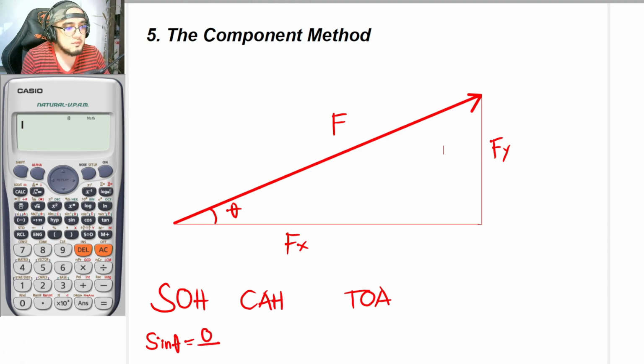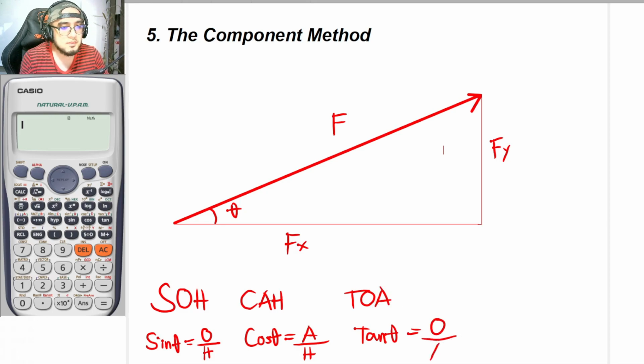CAH means cosine theta is equal to adjacent divided by hypotenuse. And TOA means tangent theta is equal to opposite divided by adjacent.